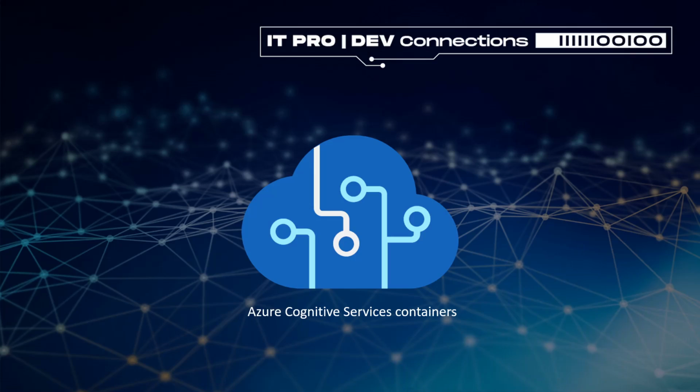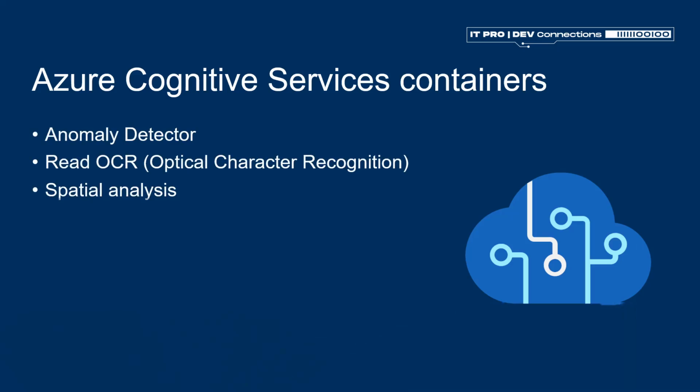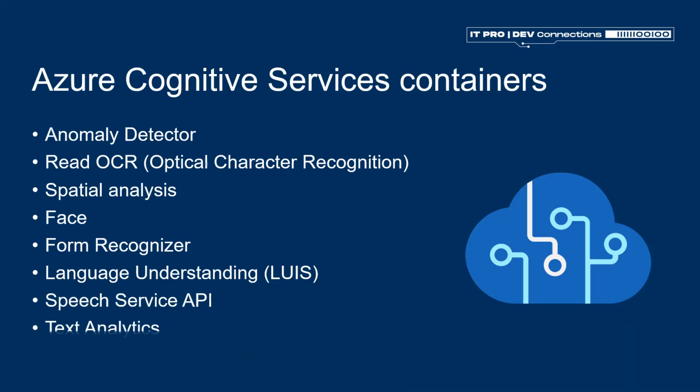So let's go ahead and see the topic of the day: how to use and deploy Azure Cognitive Services containers. There are a lot of Azure Cognitive Services containers for the following services: anomaly detector, optical character recognition, spatial analysis API, the face APIs, form recognizer, language understanding, speech service API, and text analytics API.